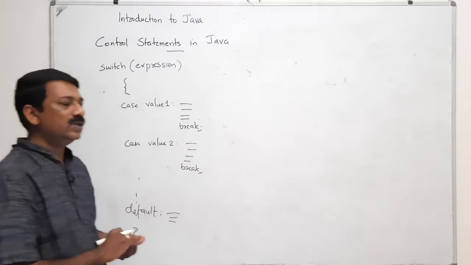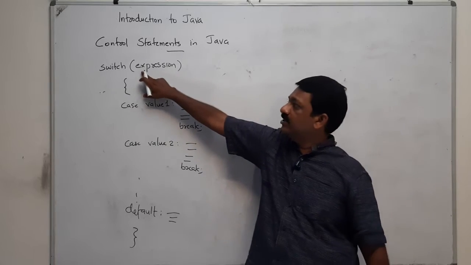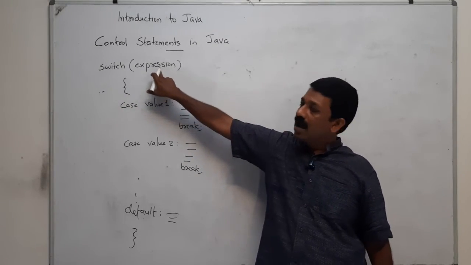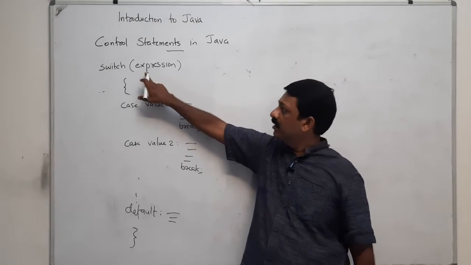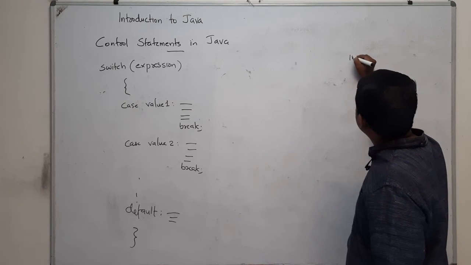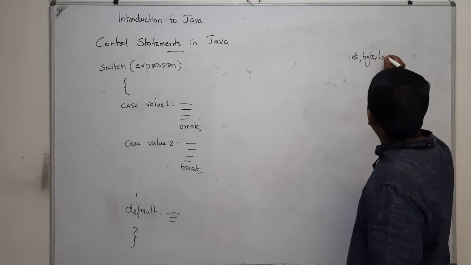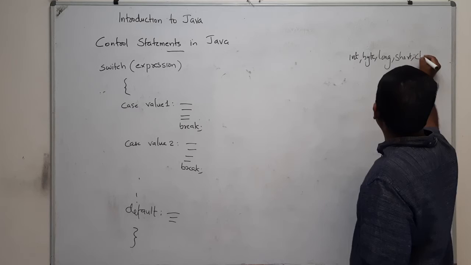Here you should note that this expression is evaluated first of all, the switch expression, and one condition is there. This expression should evaluate to either int, byte, long, short, or character.